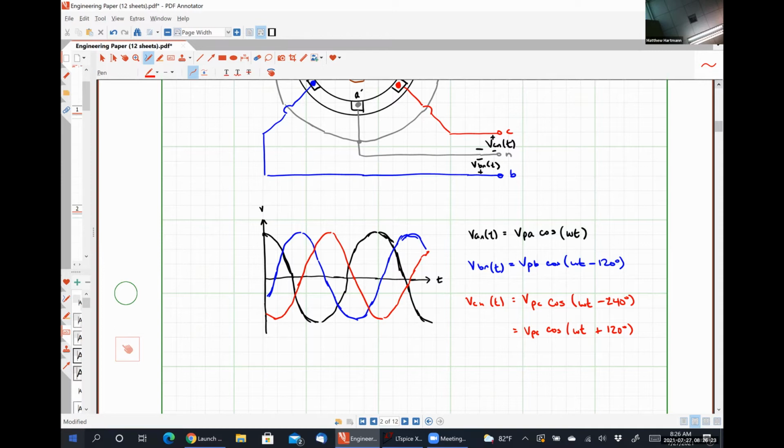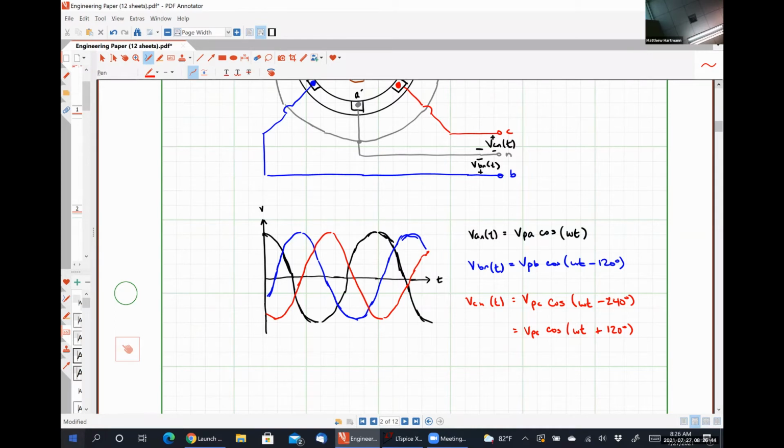There's nothing wrong with saying C leads A, which leads B, but I prefer the perspective of A being our effectively reference voltage, and then measuring the B phase and the C phase with phase A as the reference, okay?